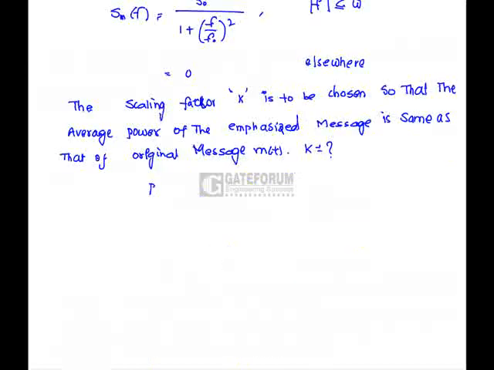The power of the message signal is nothing but integration of the PSD over the frequency range mentioned. I am indicating it with PM. Because Sm(f) is an even function, I am taking integration from 0 to omega, S naught over 1 plus f by f naught whole square df.